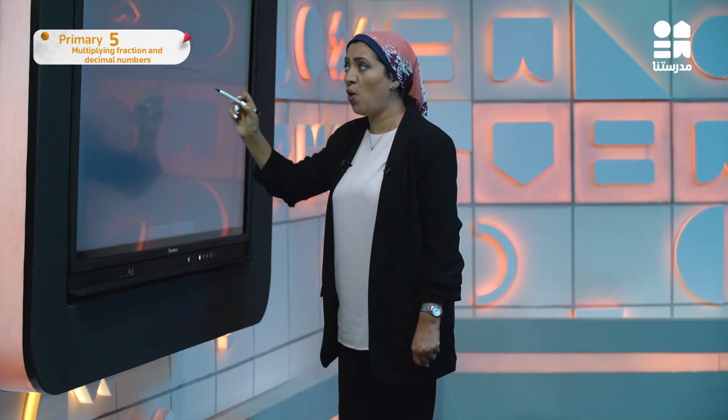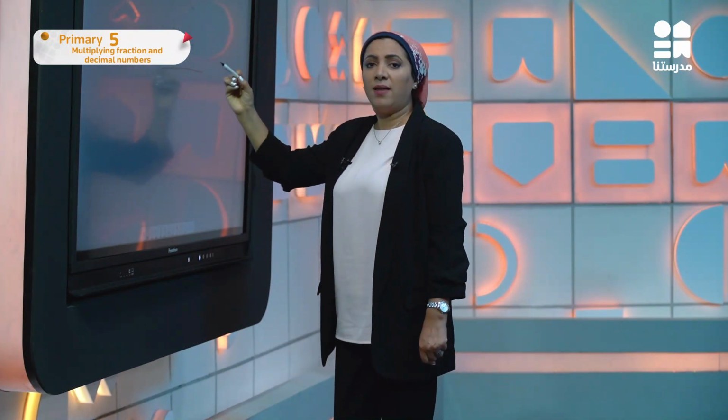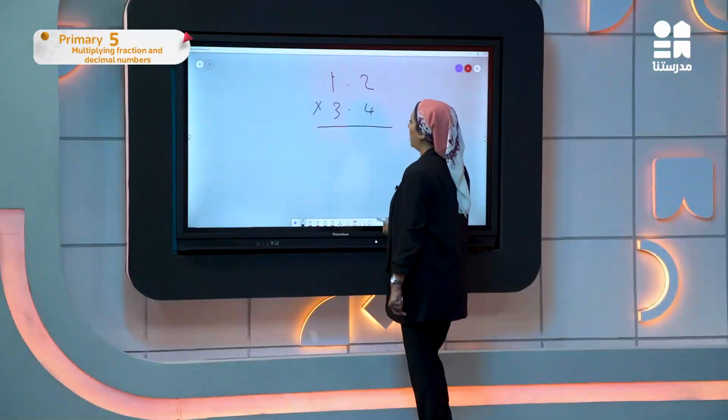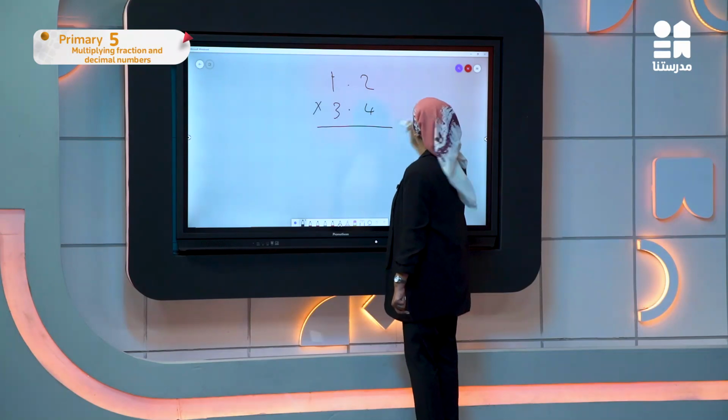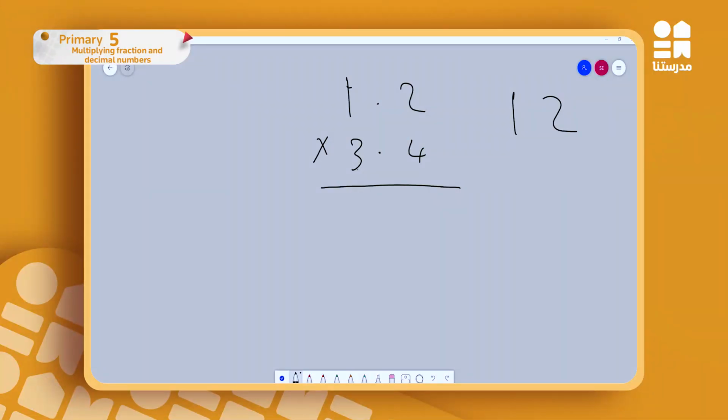After I finish, I will count how many decimal places I have in the whole question. Then I will put the decimal point after the number of the decimal places that I count. So I will deal with this question as if it is 12 times 34.